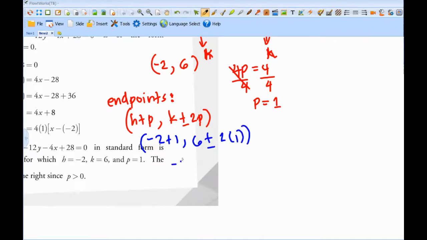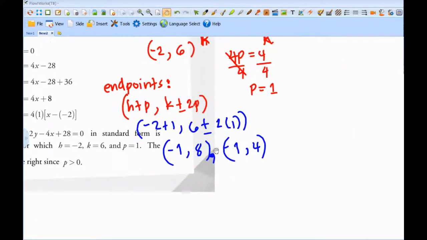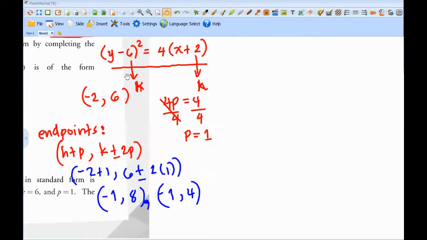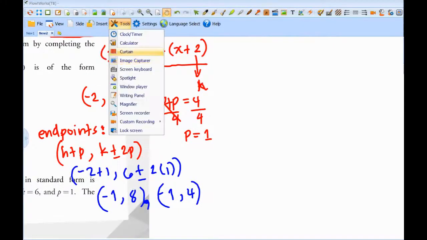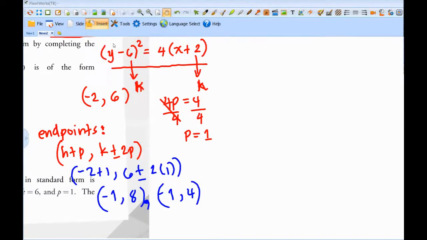So -1 and 8. And at the same time, we have -1 and 6 minus 2, 4. So we can graph now our parabola. So let us try to insert the media.